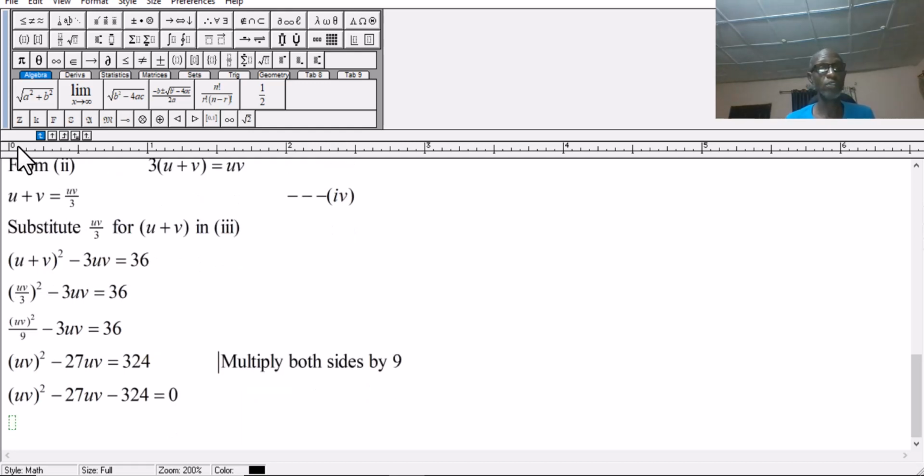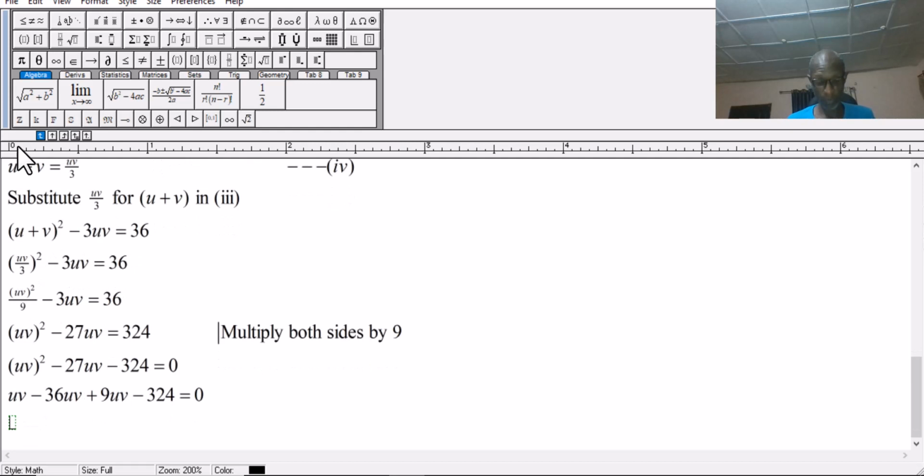So solving this, uv, by the time you find the factors, it will give you minus 36 uv plus 9 uv minus 324 equals 0.